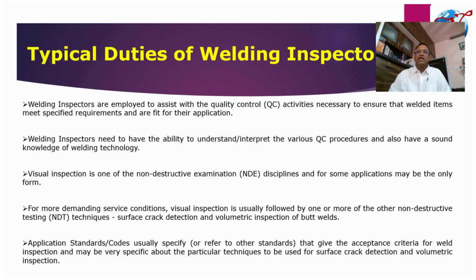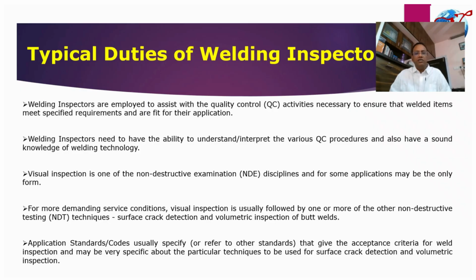Typically, welding is carried out by an approved operator, who is known as the welder, and the purpose of this training is to train the welding inspector. So, who is a welding inspector?